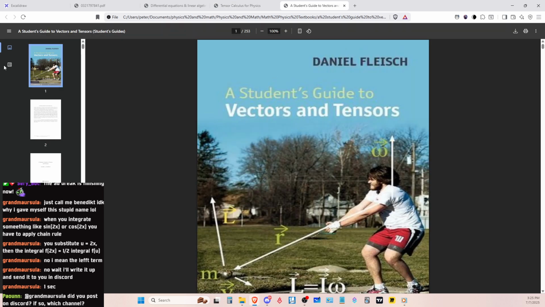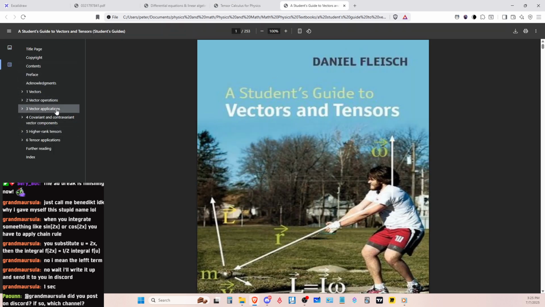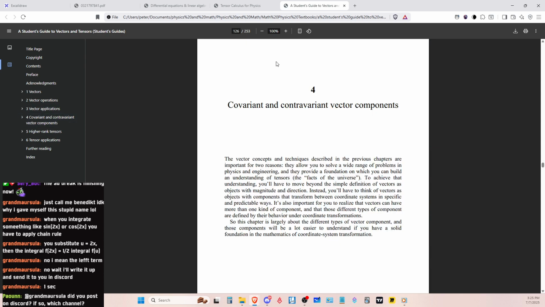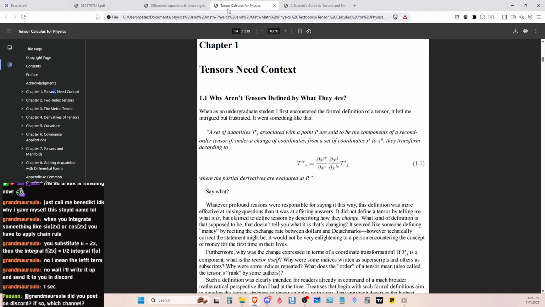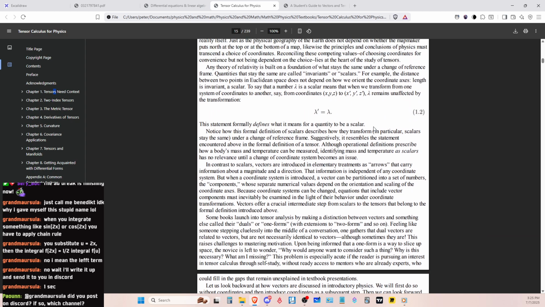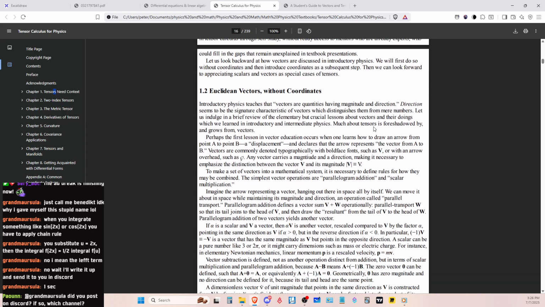Open with my browser. Because I know there's a section on, yeah, here we go. Covariant and contravariant components. I just want to briefly go over stuff here.